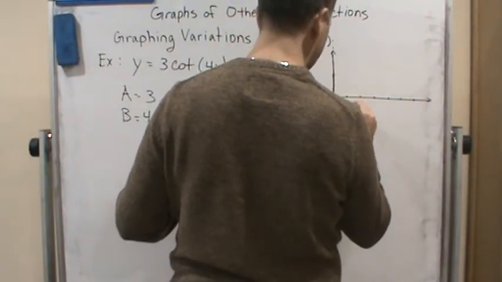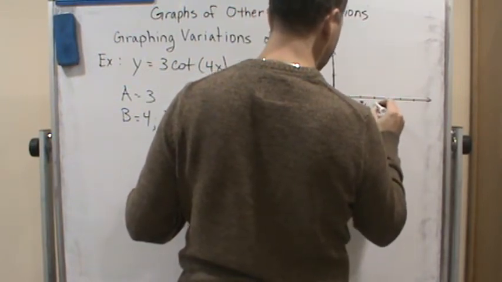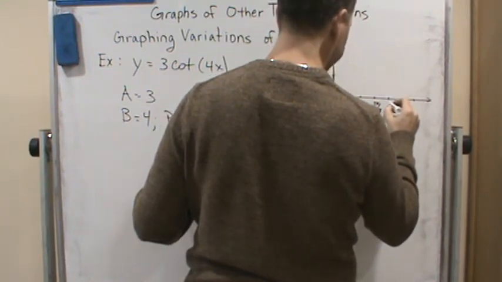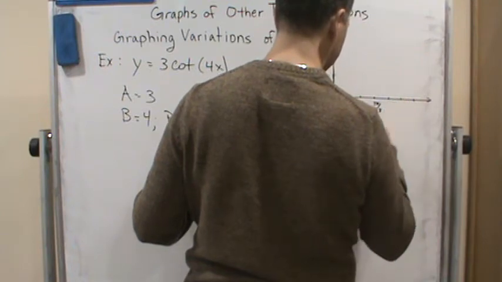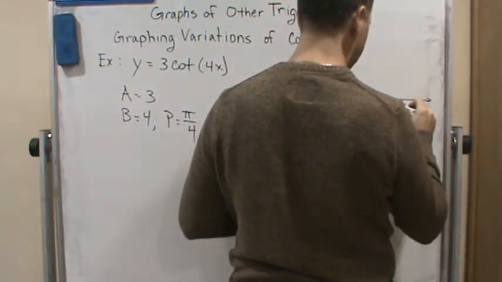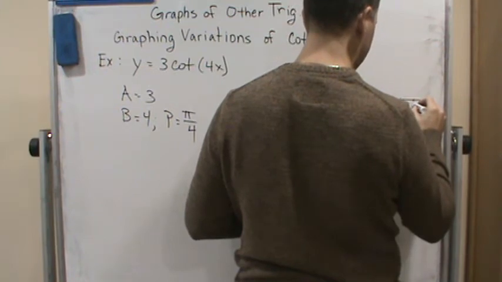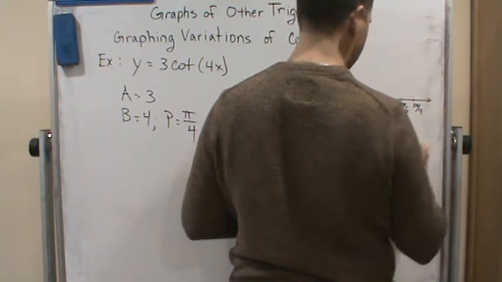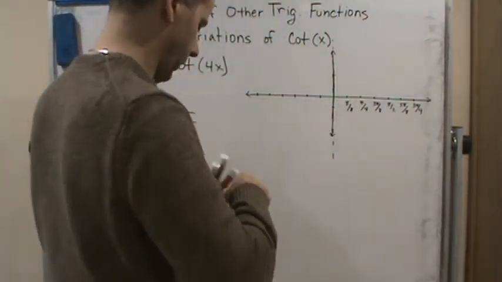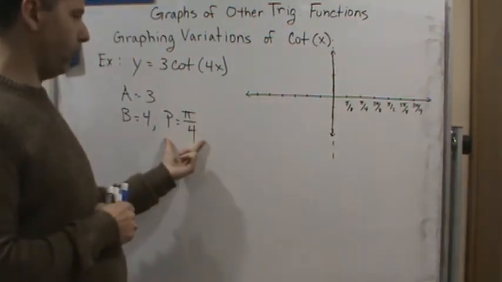So this will be pi over 8, pi over 4, 3 pi over 8, pi over 2, 5 pi over 8, and 3 pi over 4. Okay, so I'm not going to do any more, but I know that every pi over 4 is going to be an asymptote.